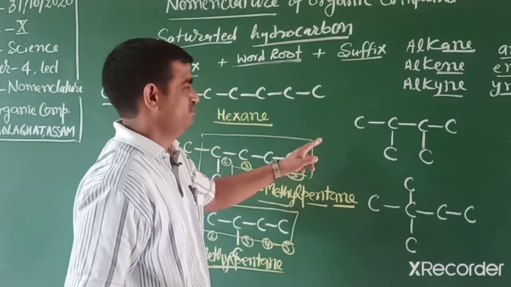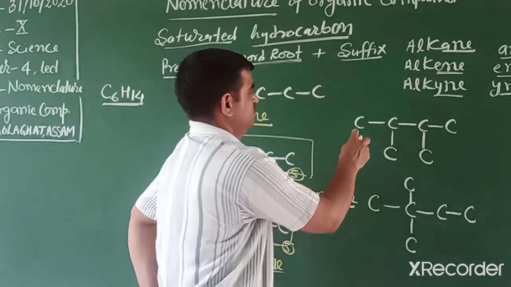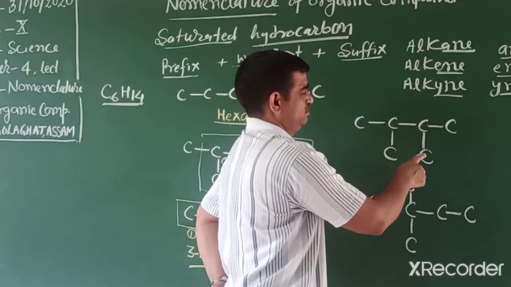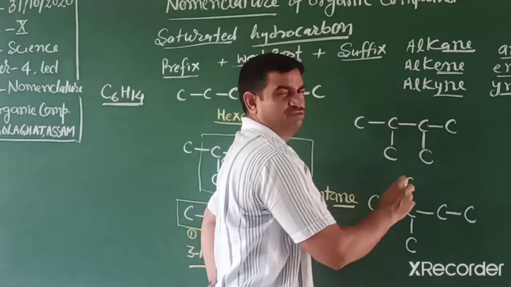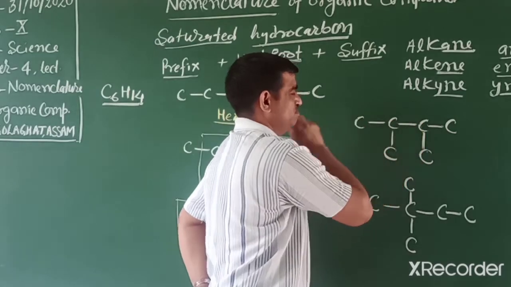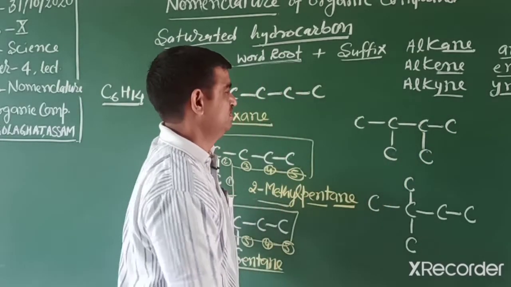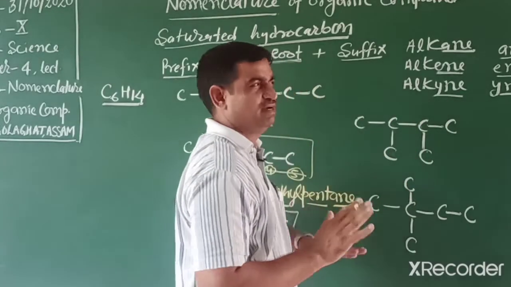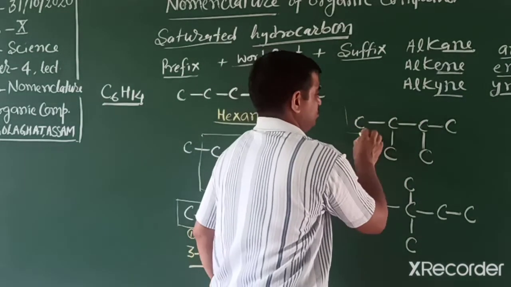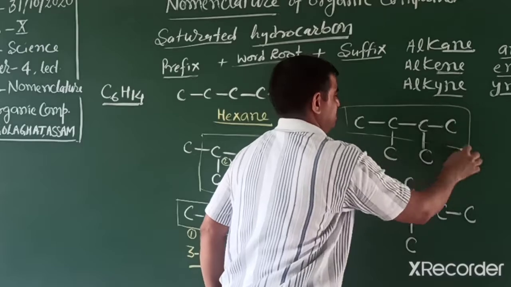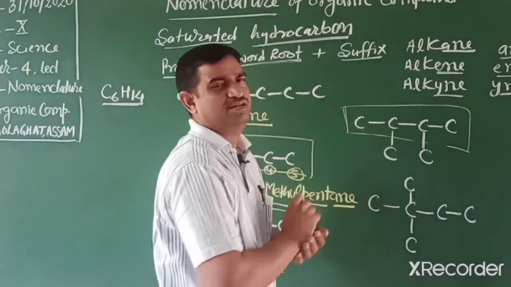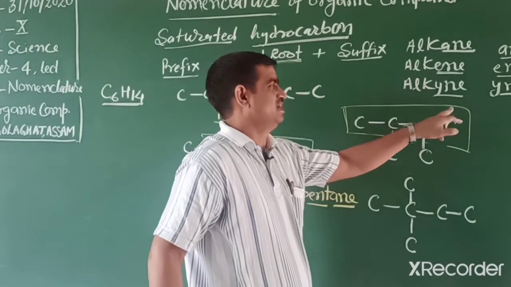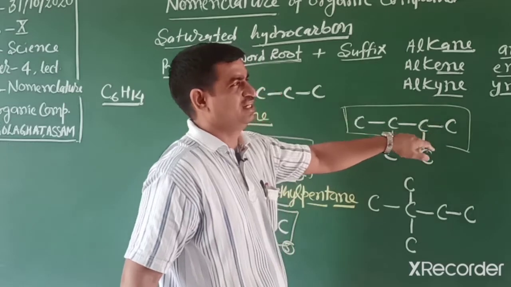Now students, look at this compound. 1, 2, 3, 1, 2, 3, 4, 1, 2, 3, 4, meaning a maximum of 4 carbon. You can make a straight chain like this or like this, anyhow a maximum of 4 carbon. So this one is the main chain, then 2 are substituents. You can start any side, 1, 2, the substituent gets the second position.